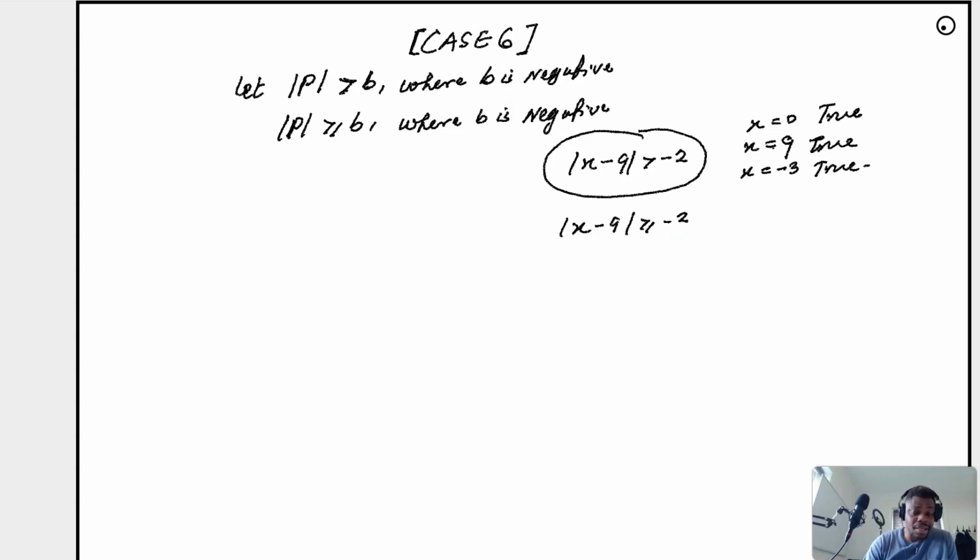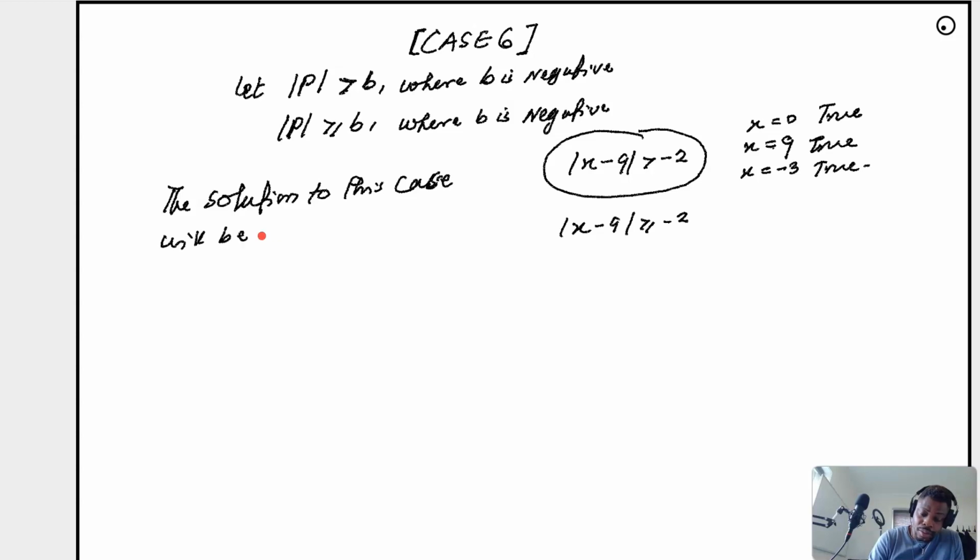No. It simply means that any real number you use is still going to be greater than minus 2, which is still going to be true. So for this condition, the solution to this case will be all values of real numbers.